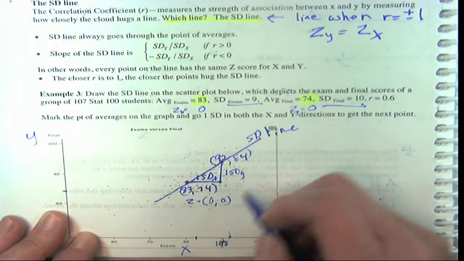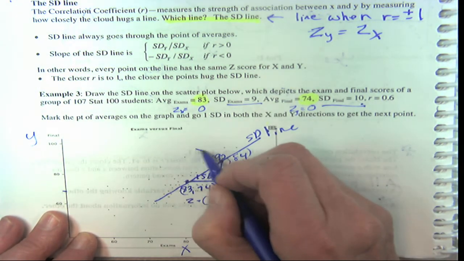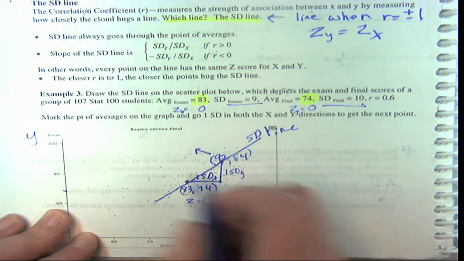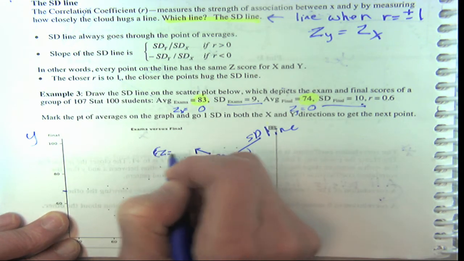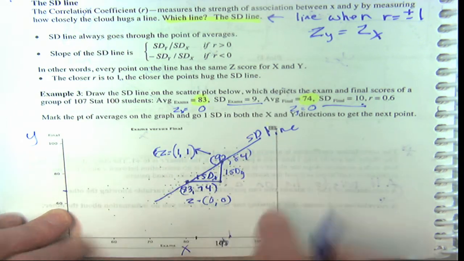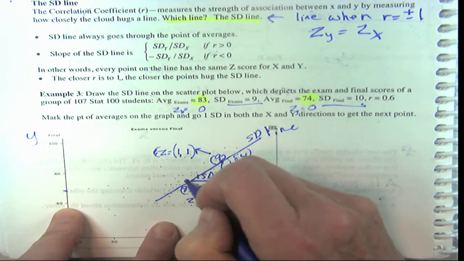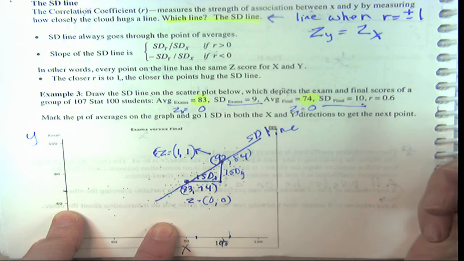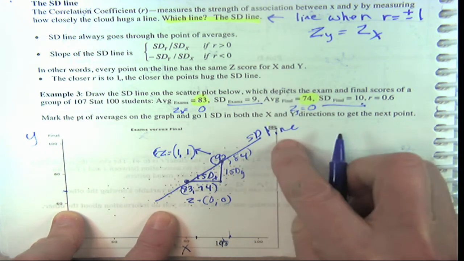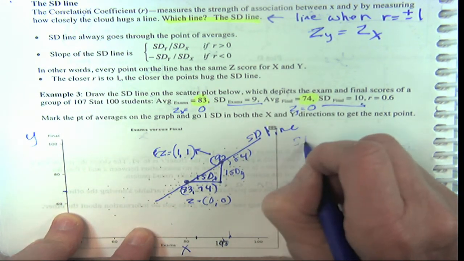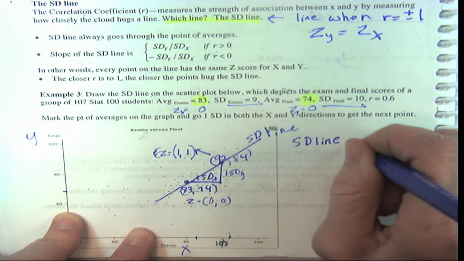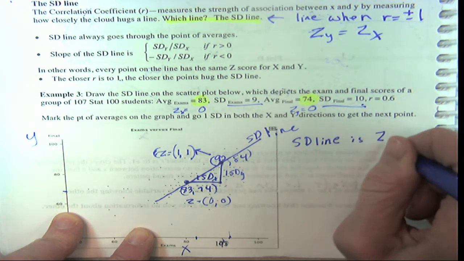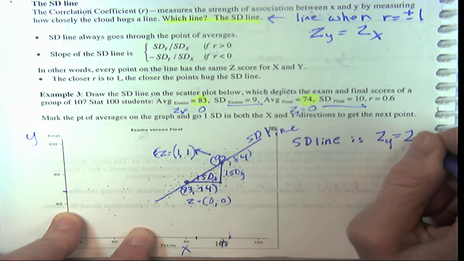And by the way, what would this be? This right here is z equals 1, 1. This is z equals 0. See? So the SD line is the zy equals zx line.